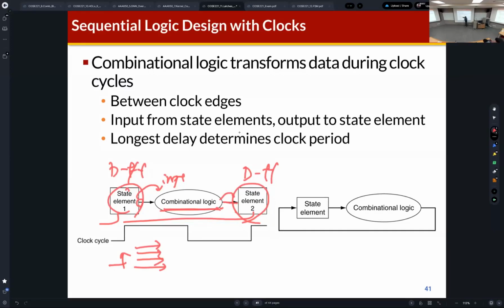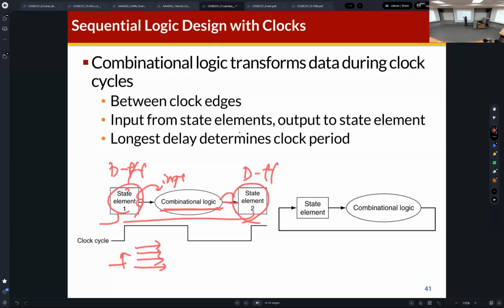So for this combinational logic, input signals are determined at the rising edge of the clock and maintained, right? And then the combinational logic has some delay. After some delay, this combinational logic will generate output. Then at the rising edge of this clock, its output is also sampled and synchronized with the clock signal.